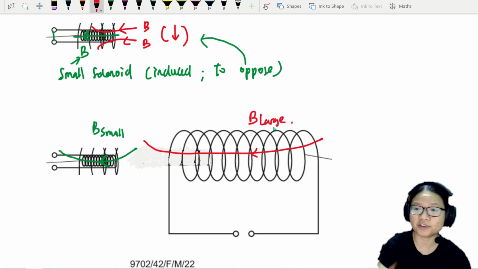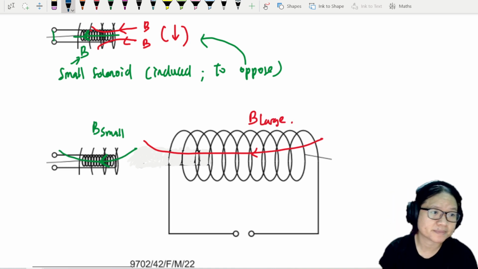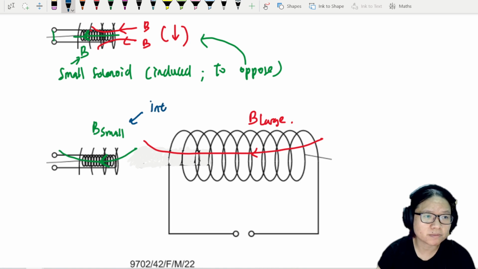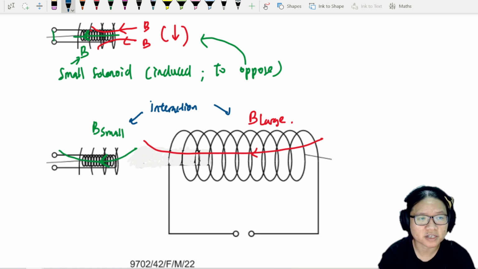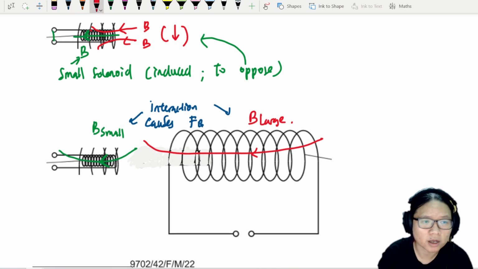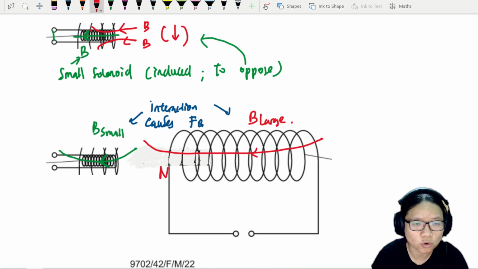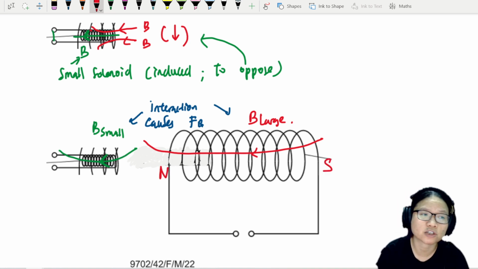So these two fields will interact. It is the interaction between these two that causes magnetic force. Okay, causes a force. How does a force occur? Well, if you think about this, this is north pole, this is south pole of your large coil.